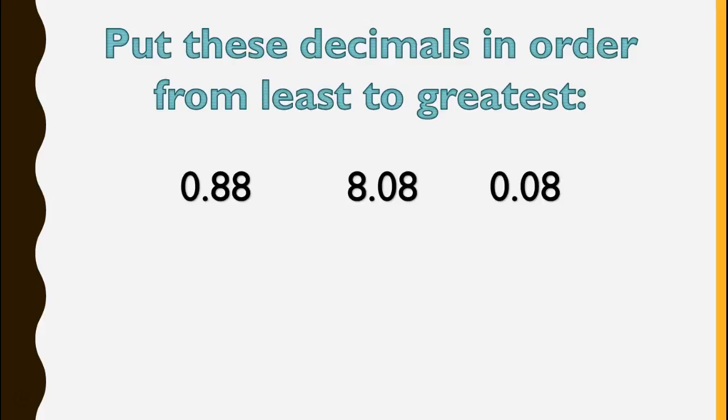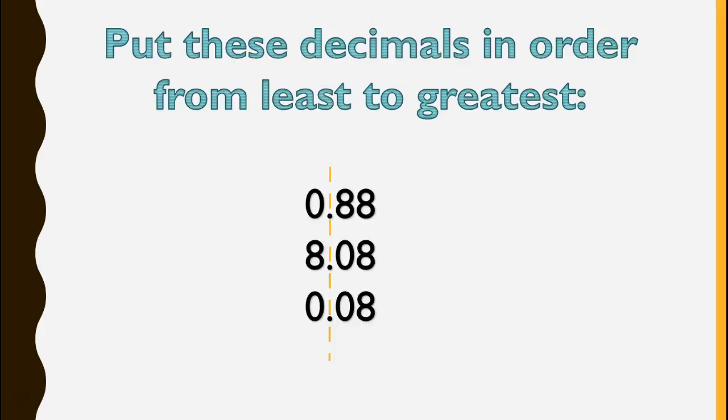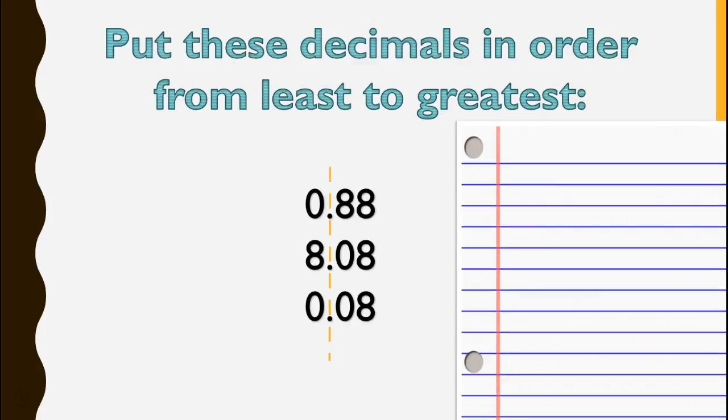So what I like to do is line them up by their decimal, one on top of the other, just like that. Okay, and then what I'm going to do is I'm going to have a piece of paper beside me, and I'm comparing 3 numbers. So I'm going to write number 1, number 2, number 3. Okay.